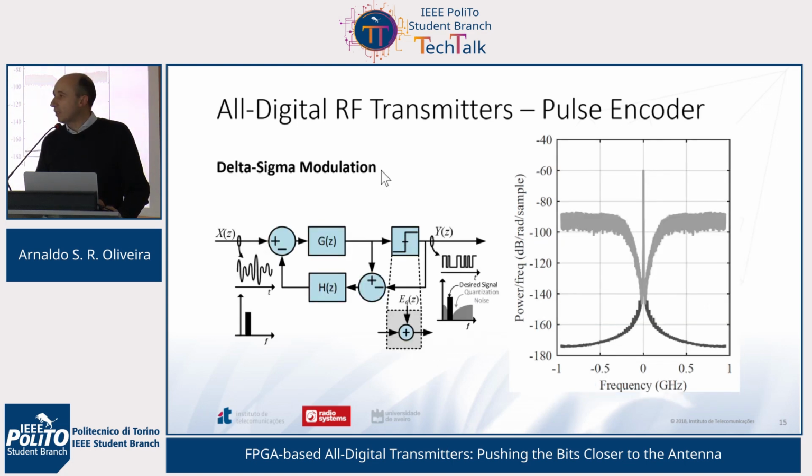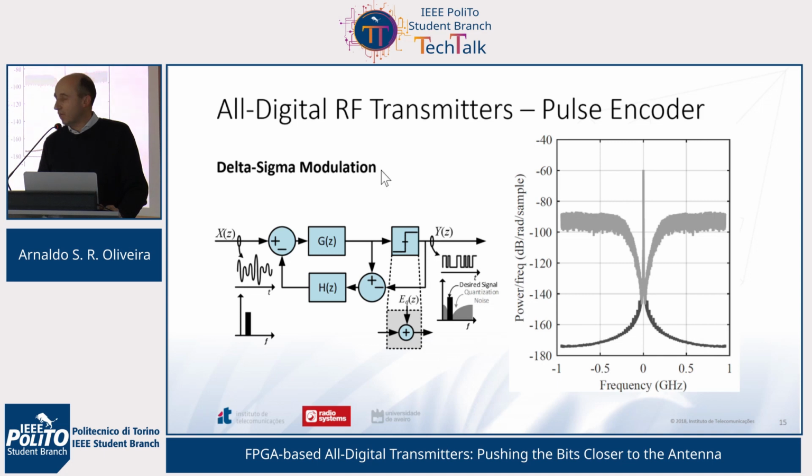The other alternative is the delta sigma modulation. Here, different topologies can be used, but in any case the idea is the following. So we have a typical delta sigma.